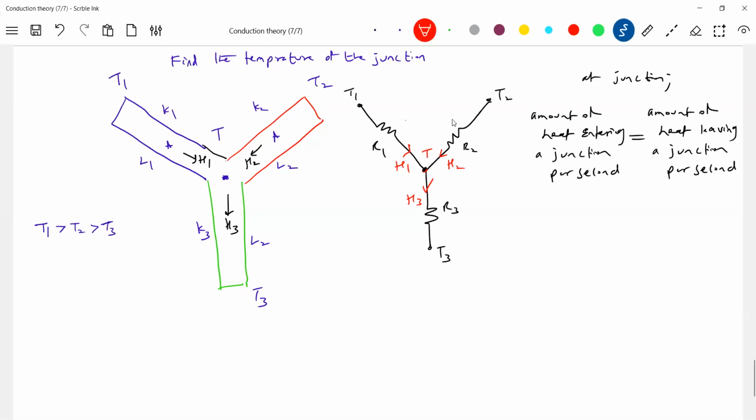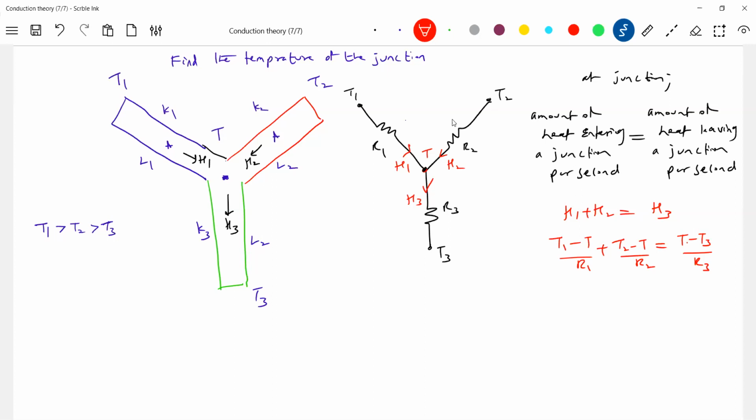So what are the thermal powers that are entering? H1 plus H2, and the one which is leaving is H3. What is H1? It will flow from high to low temperature. So therefore T1 minus T by R1, then T2 minus T by R2, then T minus T3 by R3. Solving for T, we'll get the required answer.